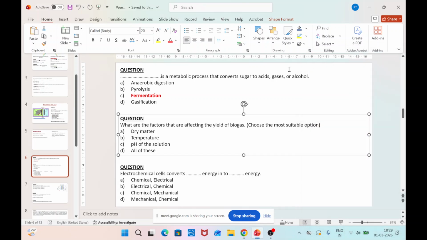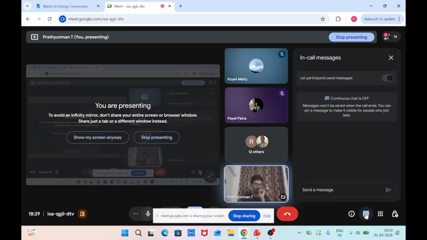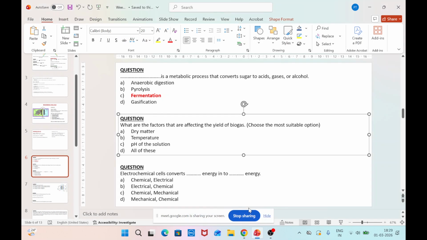So the question is, what are the factors that affect the biogas yield? Anyone? Is it dry matter, temperature, or pH, or all the three?